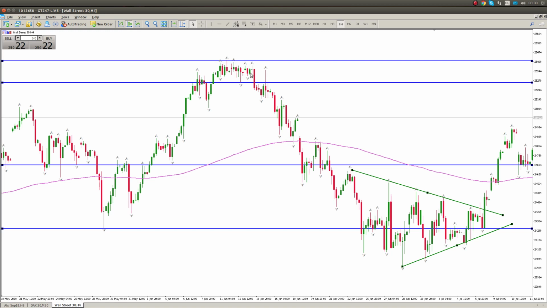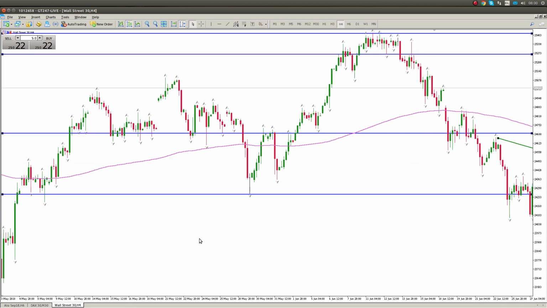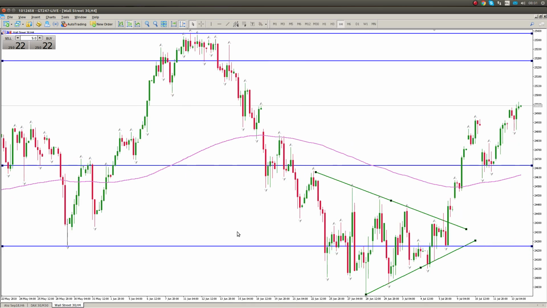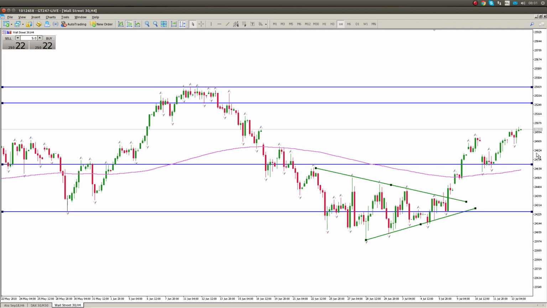That is the nature of a trend. Price is always looking to create new highs and new lows, not necessarily all-time highs and all-time lows, but new highs and new lows. That's what price is trying to do.